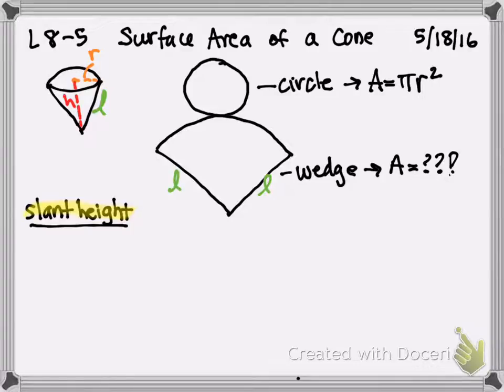There's not really a good definition for slant height. So we're going to call slant height the lateral height, or the lateral length. I think that's a better word. The lateral length of a cone.